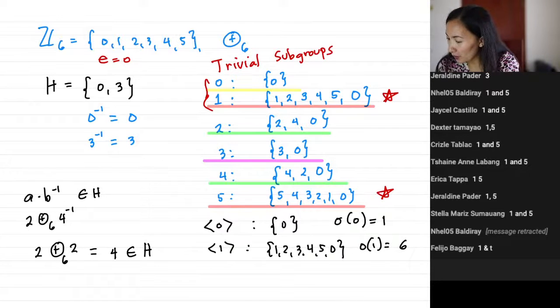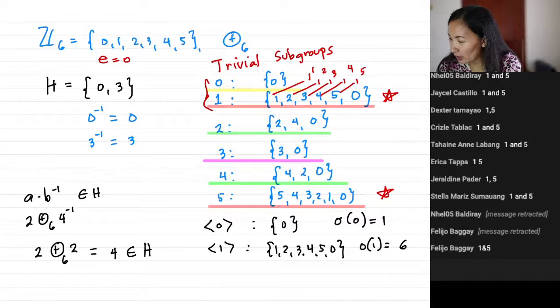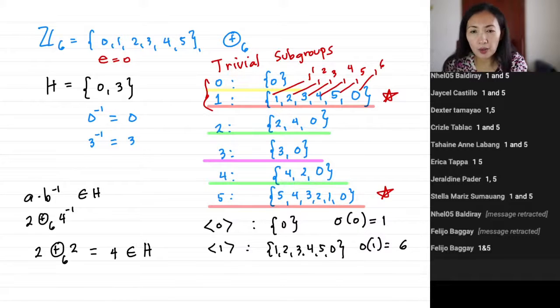Tama naman because 1 here is 1 raised to 1. 2 here is 1 raised to 2. 3 here is 1 raised to 3. 4 here, 1 raised to 4. 1 raised to 5. And 0 is 1 raised to 6. Because 1 raised to 6 means 1 plus 1 plus 1 plus 1 plus 1 plus 1, 6 times is 6. 6 modulo 6 is 0. Tama. Okay? So, anong sabi kanina nung theorem?